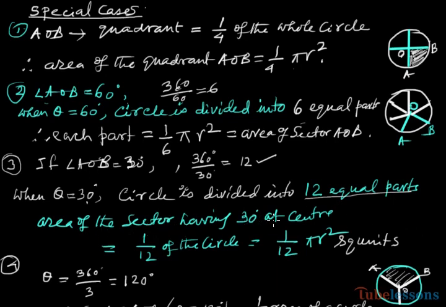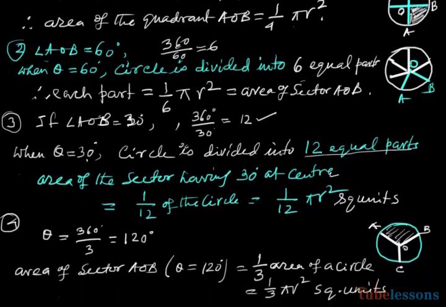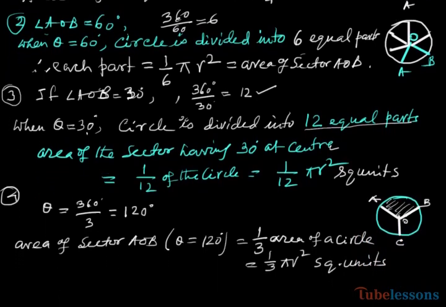Area of the sector having 30 degree at the center is 1/12 of the circle, that is 1/12 of the pi r square units. And when theta is 120 degree, the whole circle is divided into 3 equal parts, and each part is equals to 1/3 area of the circle, that is 1/3 pi r square units.